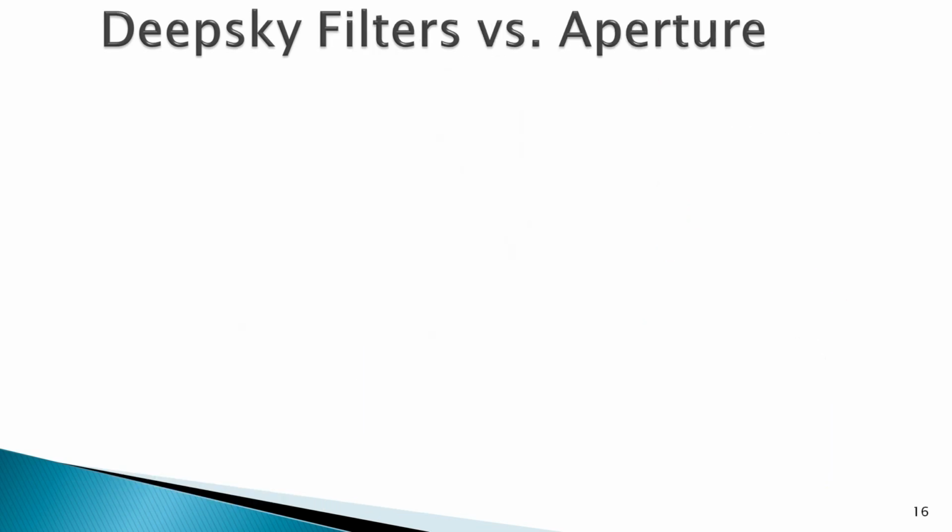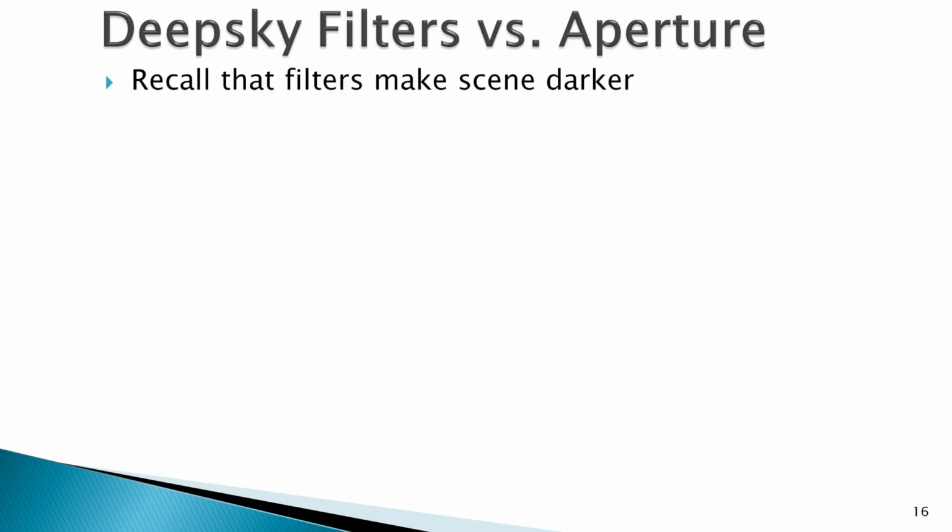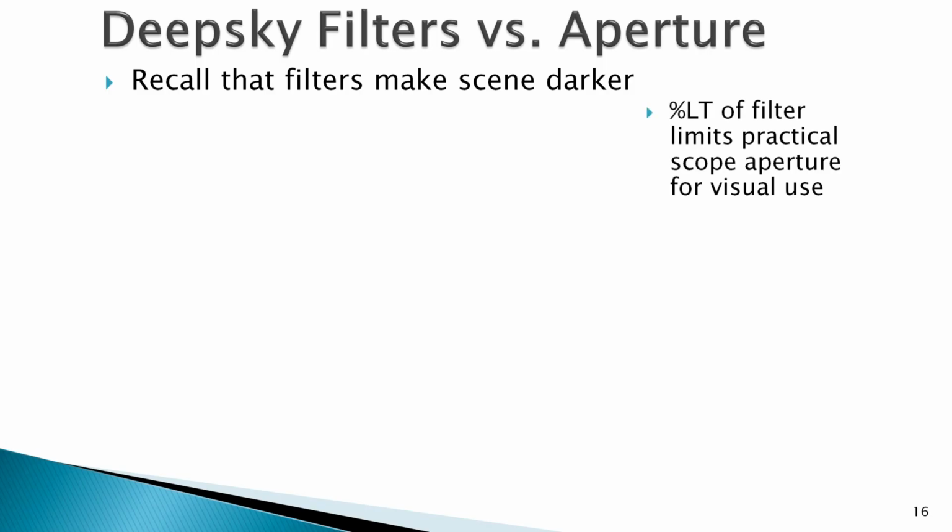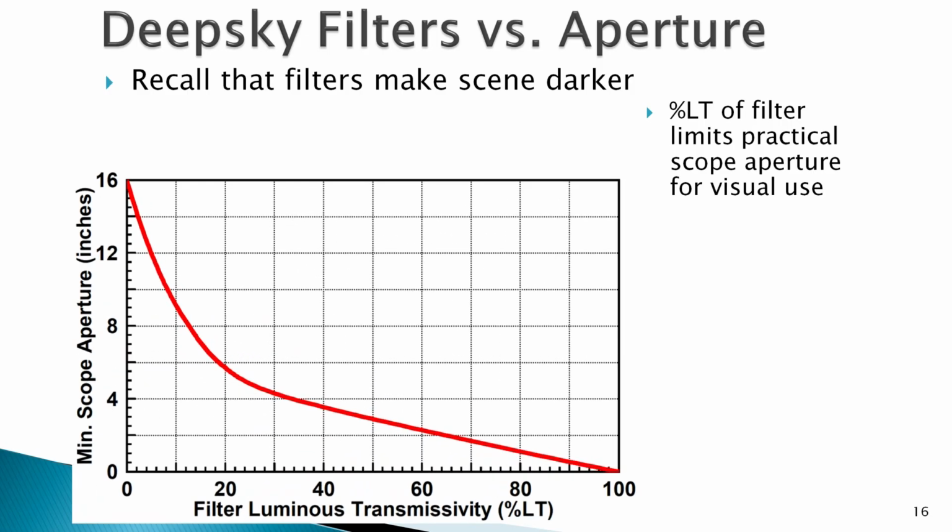The last thing to consider before choosing our deep sky filter is telescope aperture. Remembering from earlier, filters block light, resulting in a darker view. This means that the %LT of a filter will limit the aperture of scope you will be able to use it with, visually. This plot provides a general recommendation for how dark a filter you can use for different sized scopes.